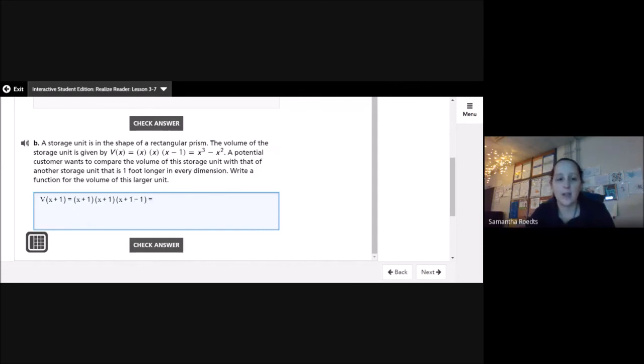Okay, when I do that, I get x plus 1 times x plus 1 times x. So that gives me x squared plus 1x plus 1x plus 1 times x, and that equals x squared plus 2x plus 1 times x, which gives me x cubed plus 2x squared plus x.